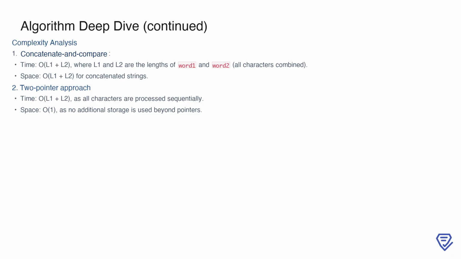The concatenate and compare approach requires O(L1 + L2) space for the concatenated strings, while the two-pointer approach only uses a constant amount of space, O(1), as it relies on pointers and indices without creating additional data structures. This makes the two-pointer approach particularly suitable for scenarios where space efficiency is critical. By understanding these trade-offs, you can choose the best approach for your specific use case.